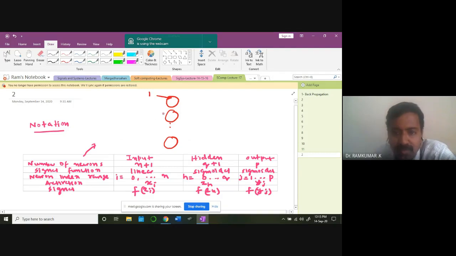Normally the bias input is 1, but there will be a weight, remember that. But for the input case, there won't be any weight. Then we have x1, x2 going on till xn. So how many neurons do we have here? 0 to n, I am calling it n plus 1.